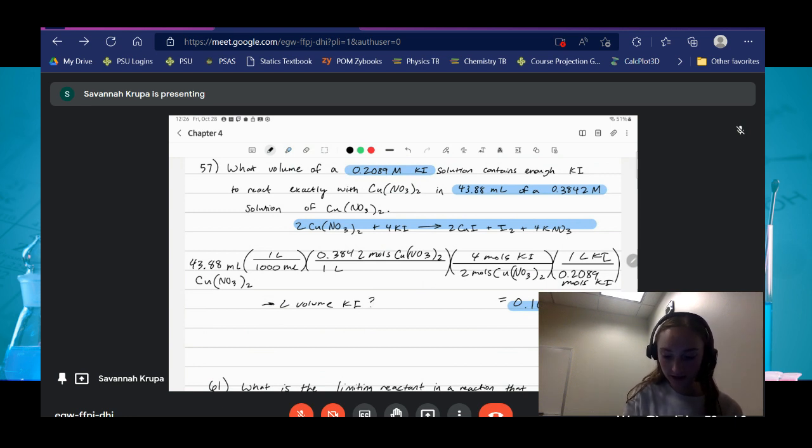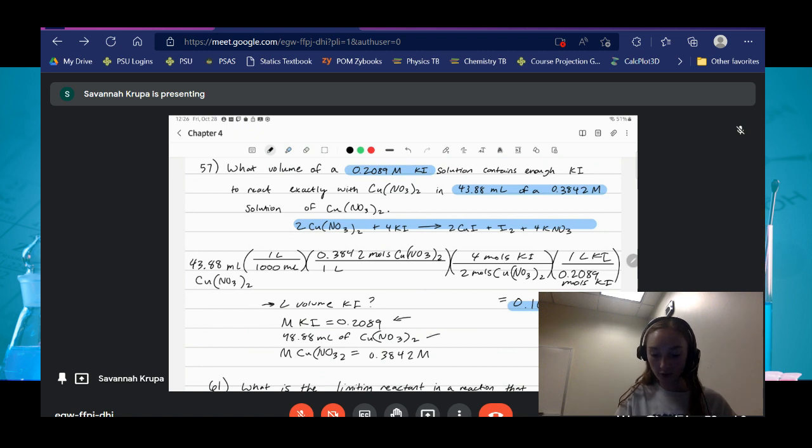Then it gives us the molarity of KI, and it also gives us the amount of the CuNO3, and the molarity of the CuNO3. So this is what we already know, and using that we can figure out what the question is asking, and that's the amount of liters.